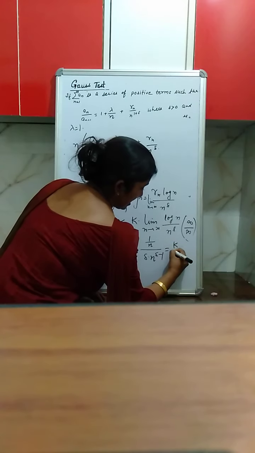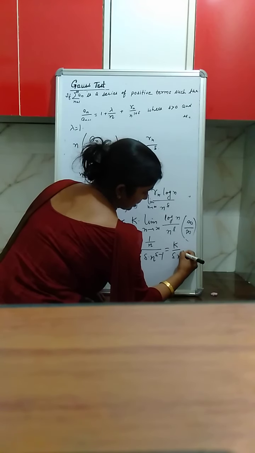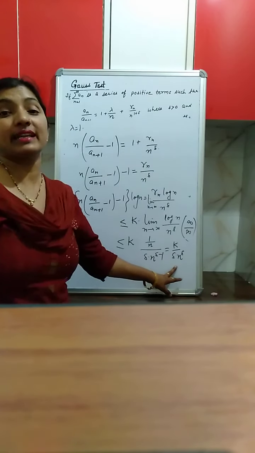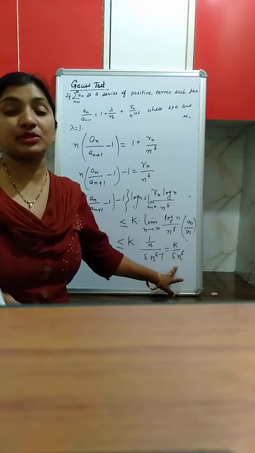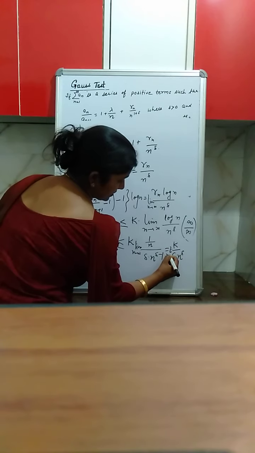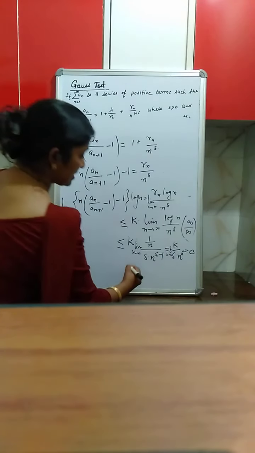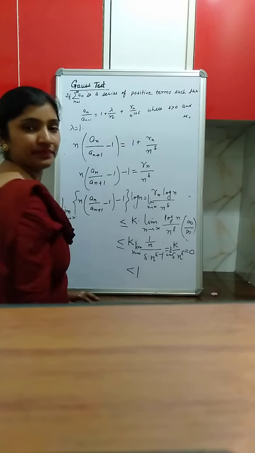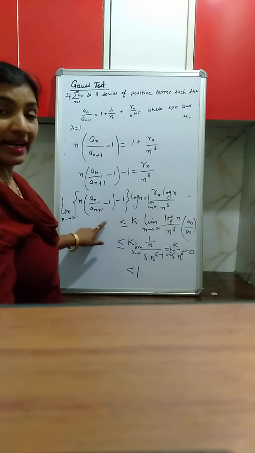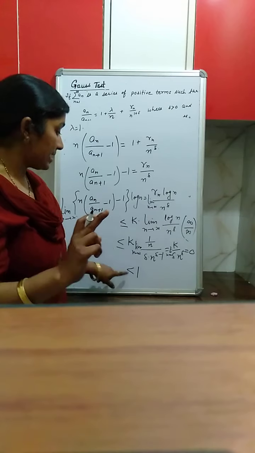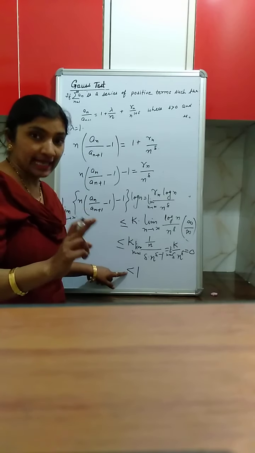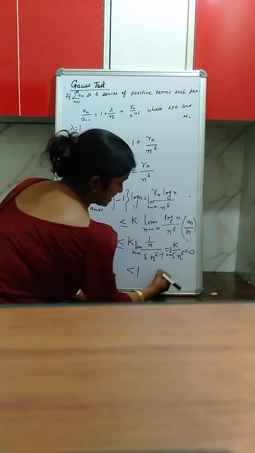This is k upon delta n raised to the power delta, and when we take limit n approaches infinity, this part is 0, and 0 is clearly less than 1.